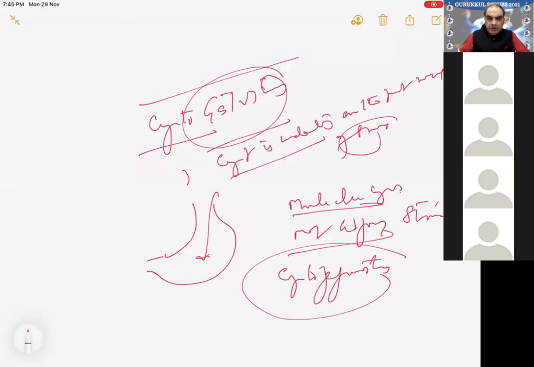Portal vein or mesenteric vein repair, added by a user. Still it's theoretical. Got it. I don't understand the question, Amar. Portal vein or mesenteric vein repair added by you. Okay.